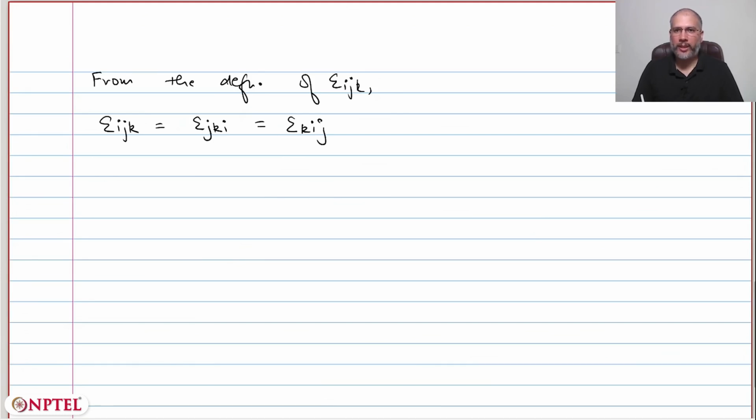Now i, j, k can take any values in this general expression, but whatever values you substitute for i, j and k, all these three will be equal for those values.